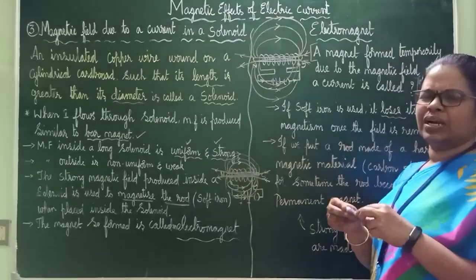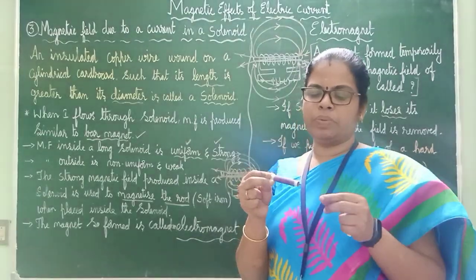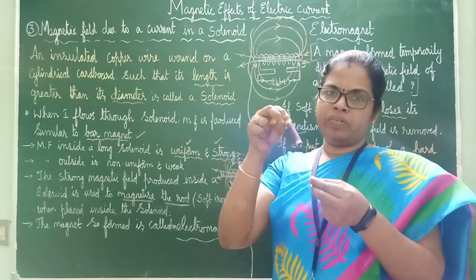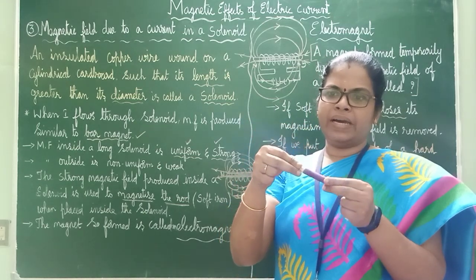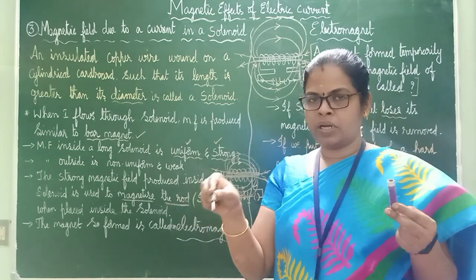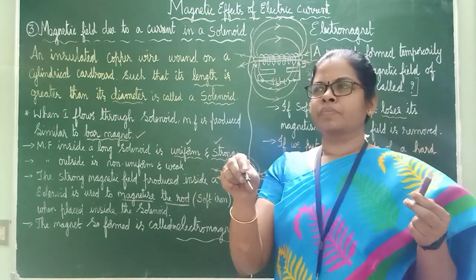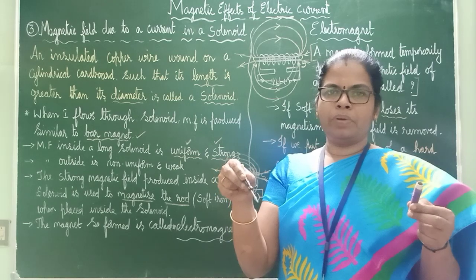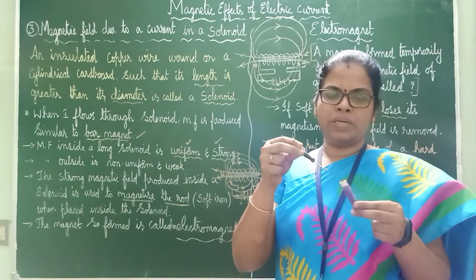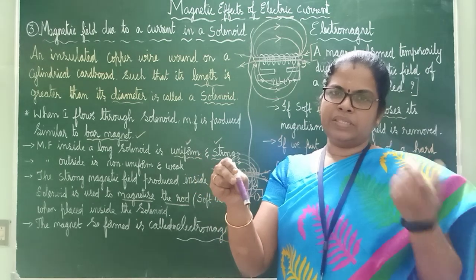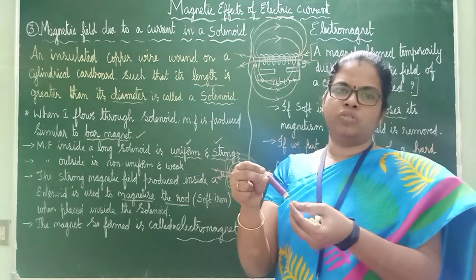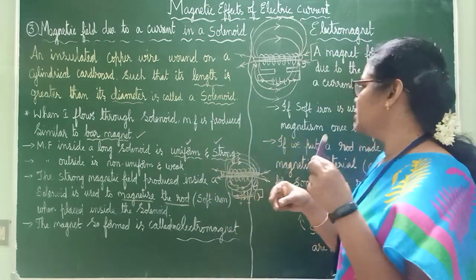In the lower classes you have seen small simple experiments. Using a solenoid, we will put a soft iron or iron nail inside this. If you keep an iron nail and touch a pin or a small paper clip, it will not get attached to this. But when you are allowing current to pass through and you touch this with that, what happens? It will stick to this. So that works as an electromagnet.